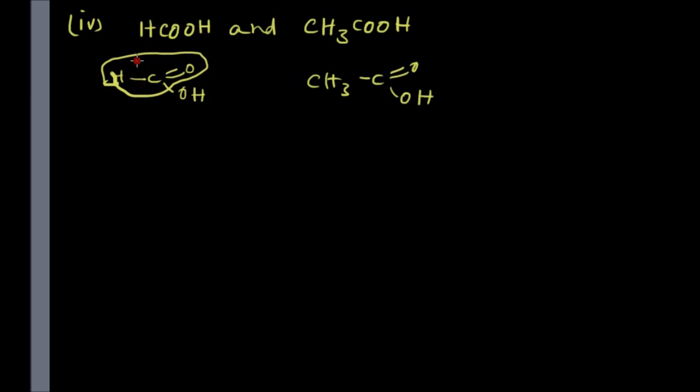What is this group? This is an aldehyde group, isn't it? It is present in methanoic acid but not present in ethanoic acid. You don't have an aldehyde group here. In fact, methanoic acid is the only carboxylic acid having an aldehyde group. So keep this in mind.